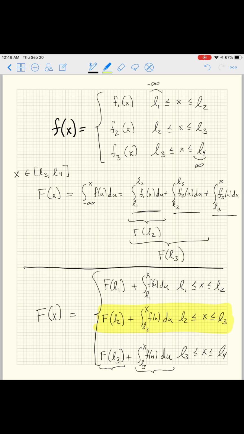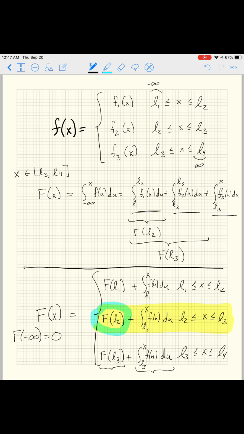For every piece, you just take big F of the lower bound, which you would have already derived, and then you integrate from that lower bound to x of whatever little piece you're looking at. What I mean by you'll already know this piece is that we know ahead of time, because it's a CDF, that F of negative infinity is equal to 0.